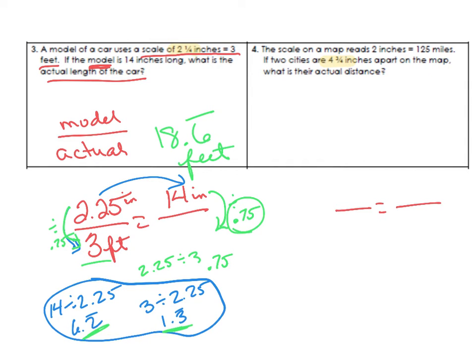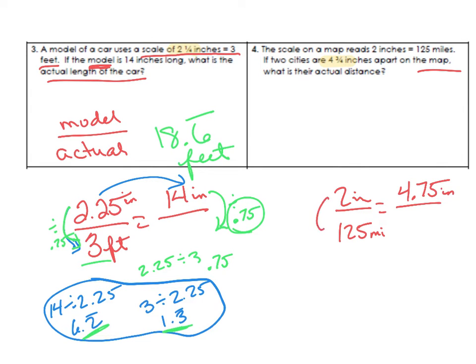Set up our proportion. A scale on a map reads 2 inches to 125 miles. 2 cities on a map are 4 3/4 inches apart on the map. So 4 3/4 is 4.75.